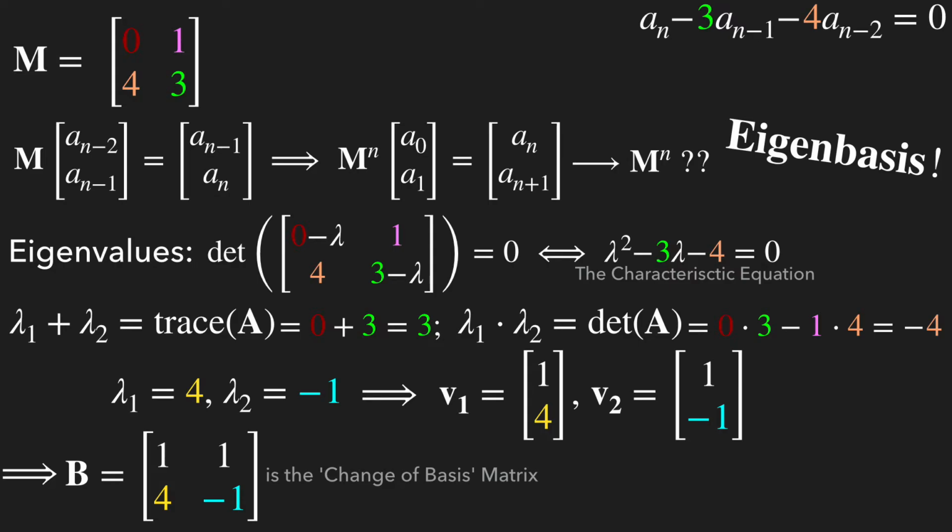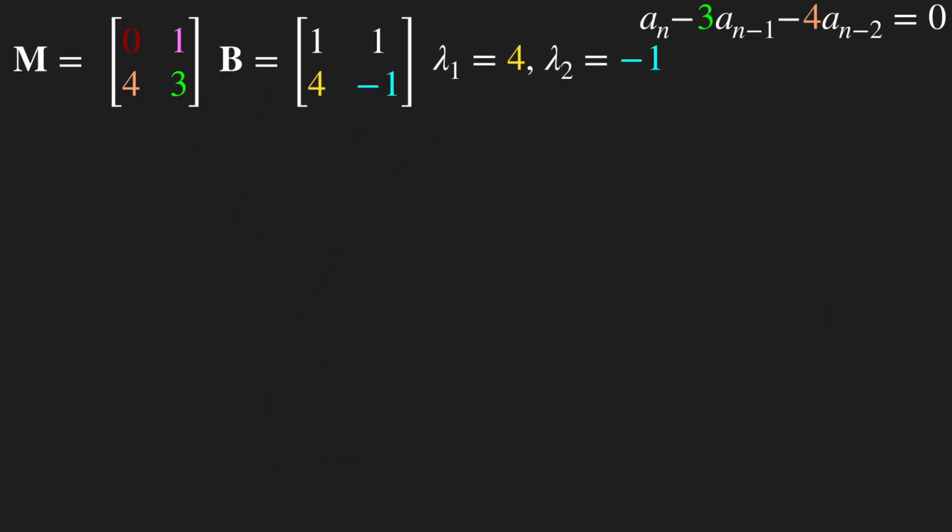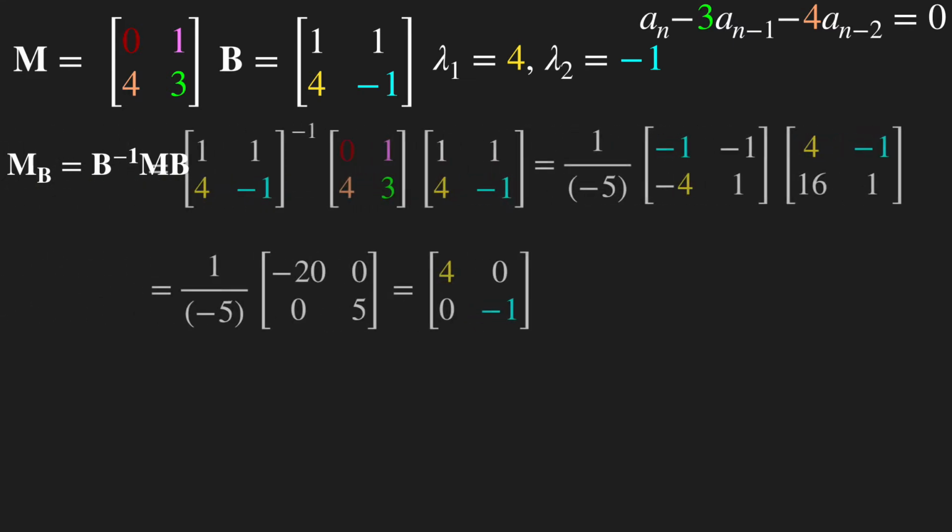Now we throw them together for the change of basis matrix. So the transformation M in this basis will be B inverse M B, which is this stuff.